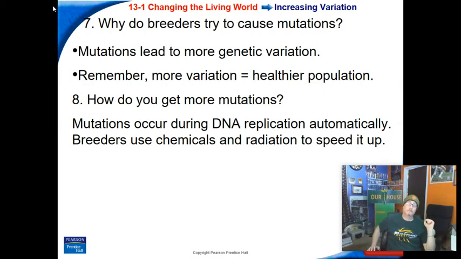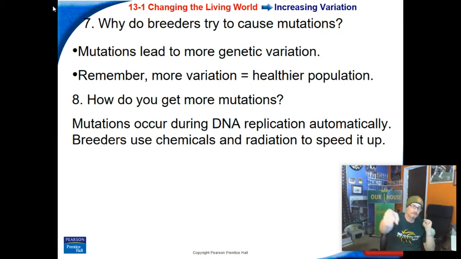Smoking, drinking alcohol, getting too much sun. Okay, certainly radiation increases the rate of mutations. So breeders do this to try to increase the chance of getting mutations in their offspring.